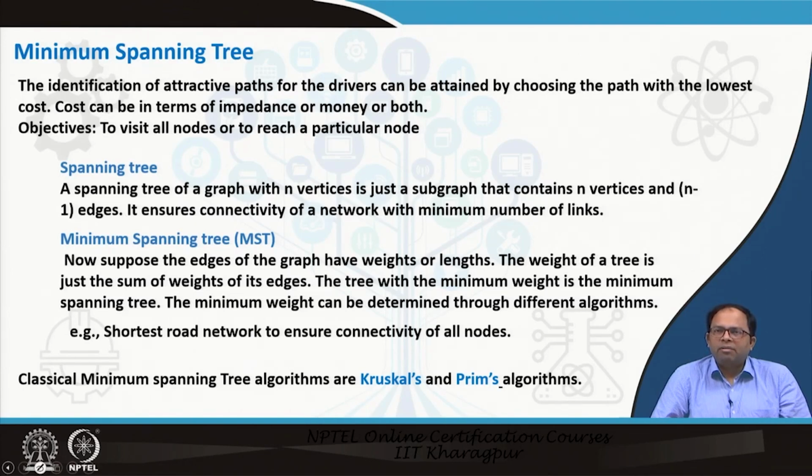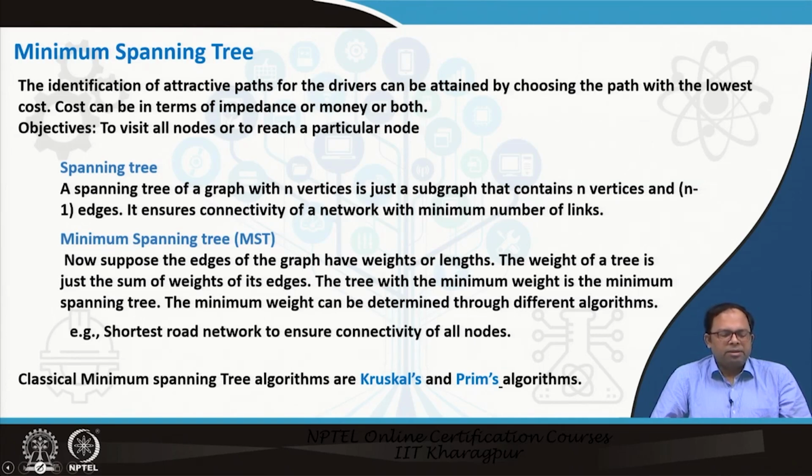That means we will have n vertices and n minus 1 edges. So we will have less number of edges, but we will touch all the vertices. This ensures connectivity of a network with minimum number of links. That means we are able to go to each particular node by traveling the least number of links.